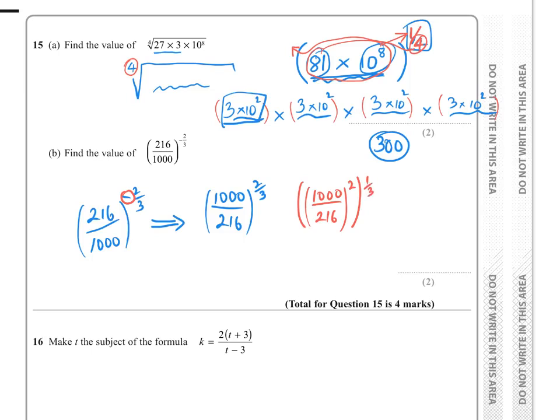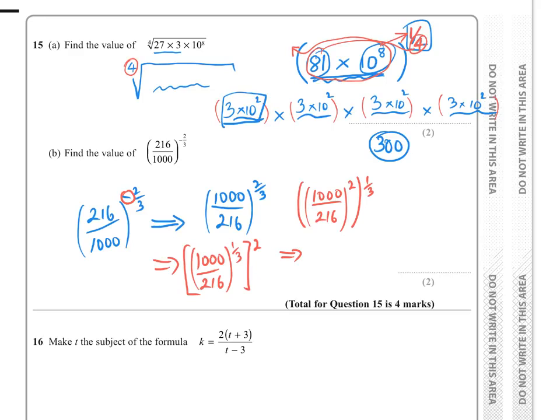However, I say to my students, why square and then cube root when you can cube root and then square? So you could do 1000 over 216, the cube root of that first, and then square that answer.